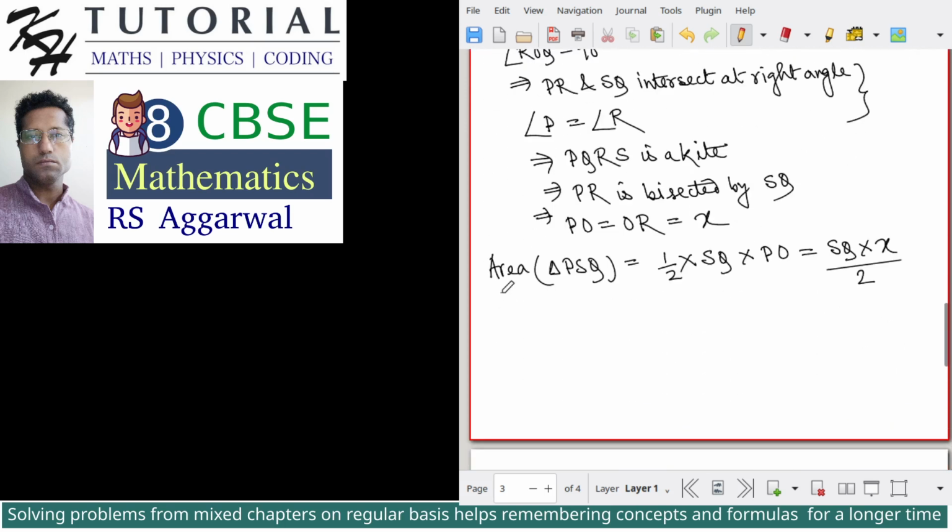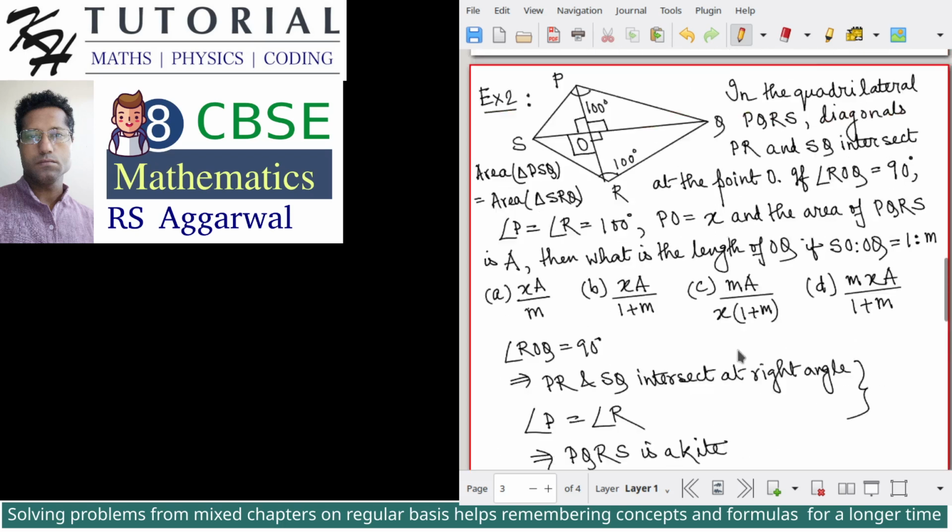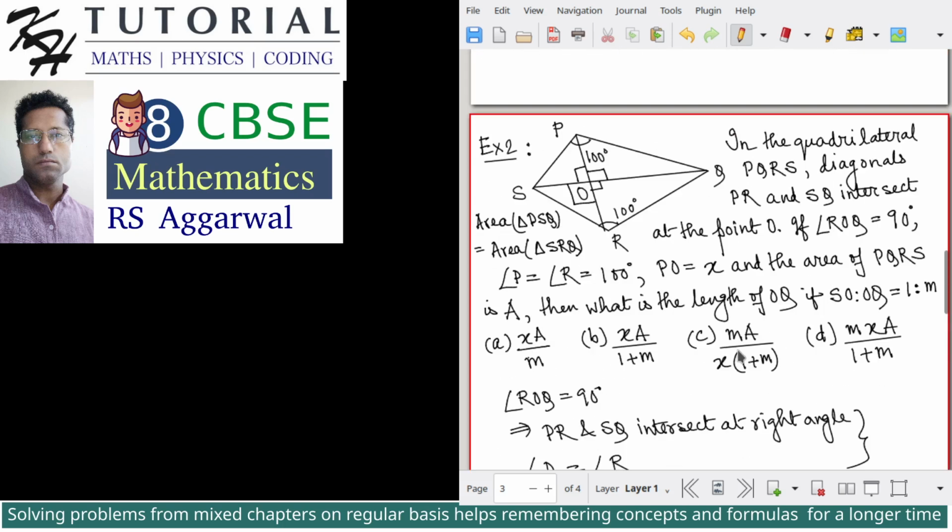Now, the area of triangle PSQ will be equal to the area of the kite PQRS divided by 2, because the triangle PSQ and the triangle SRQ are congruent, so their areas must be equal.